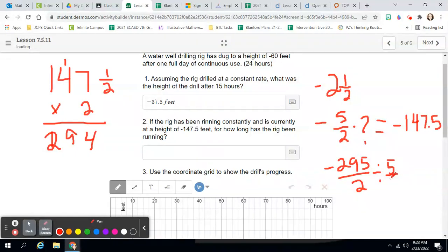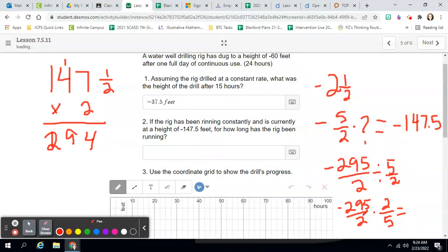This is where we have to remember how to do this. If we're dividing fractions, we actually flip. I know a lot of you like keep, change, flip. I just know that I'm taking negative 295 halves and I multiply it by negative 2/5. Then I can multiply across.